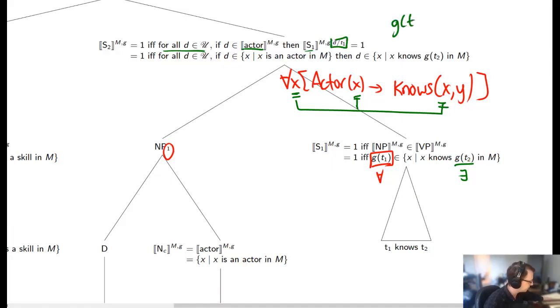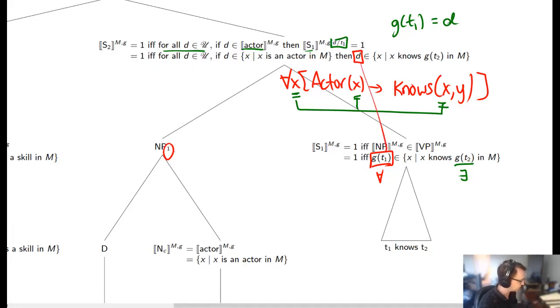We're saying that G of T1 is now pointing to D. So we're binding T1 with D. When we spell this out, we're saying for all D in our universe, if D is an actor, so if D is in that set, then, if we take a look here, our G of T1 is now being replaced by D.